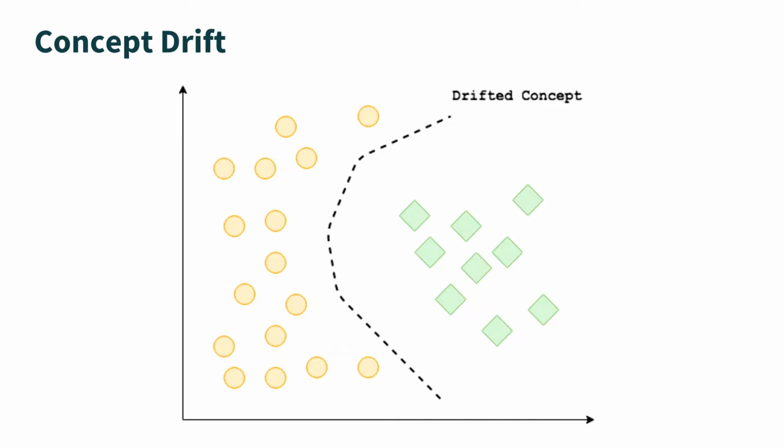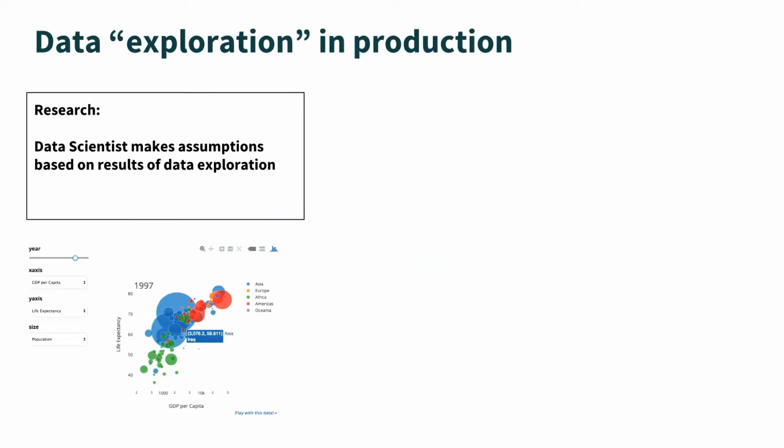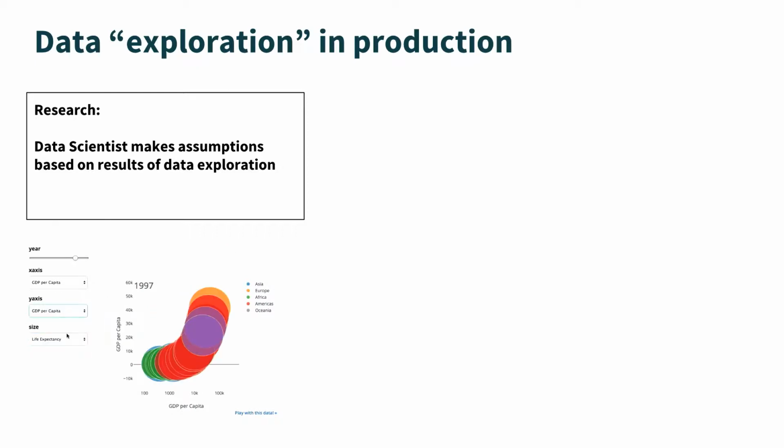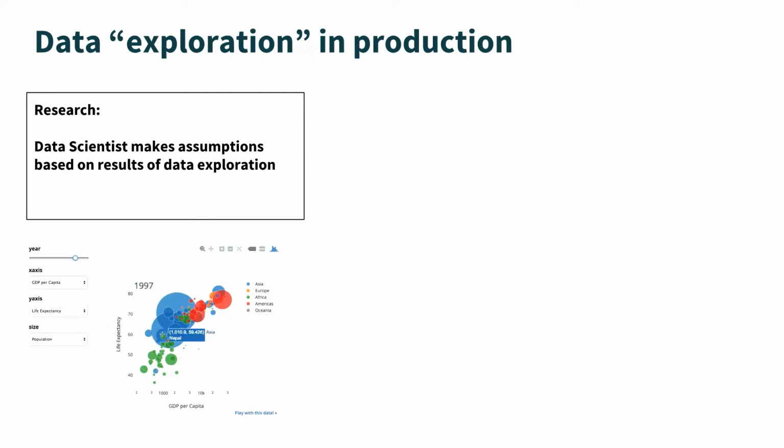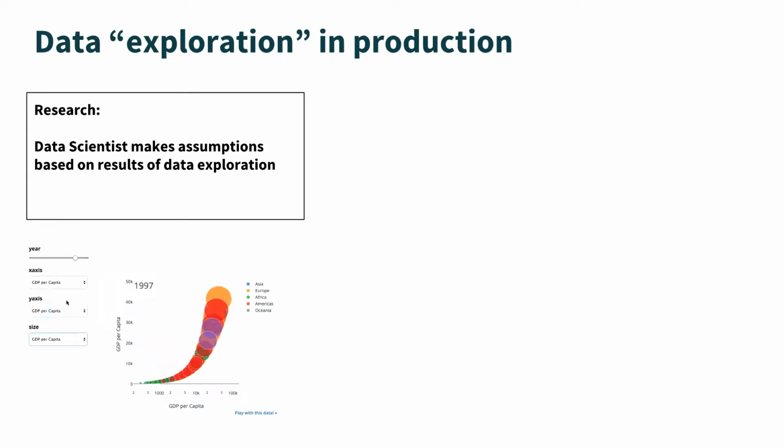Given that, let's recall how the data science and machine learning process starts and what the common workflow is on a very high level. The data scientist makes some assumptions based on the results of data exploration. Basically, he engineers features and he makes those assumptions.